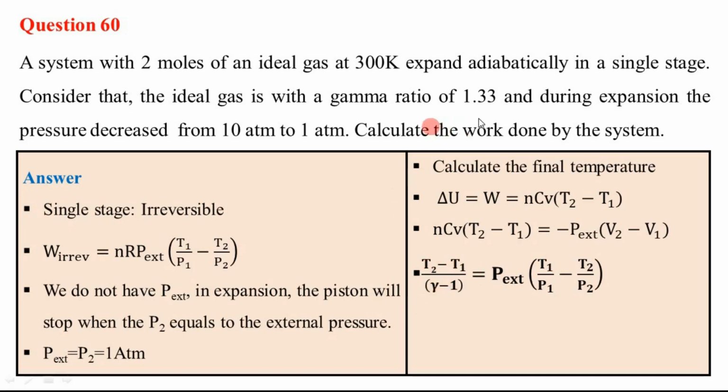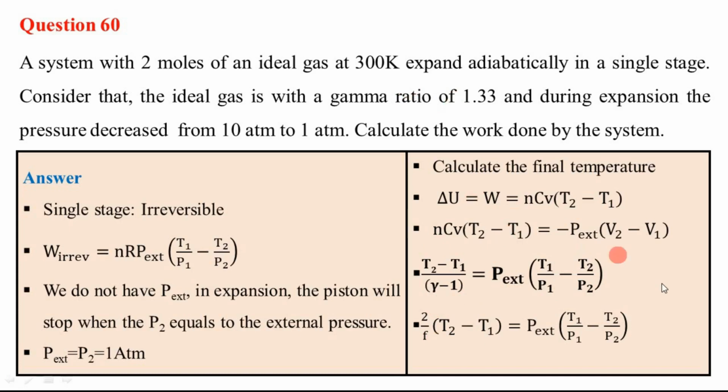Here we cannot use this one, but we use this one because we need to calculate T2. The gamma ratio was given as 1.33 minus 1. The external pressure is 1, and P1 and P2 were given. Then we can calculate T2. This one we cannot use because we don't have the degree of freedom, so we are using this one because we have the gamma ratio.